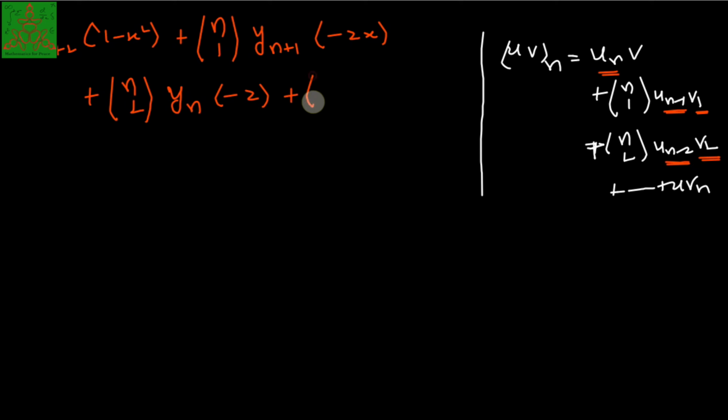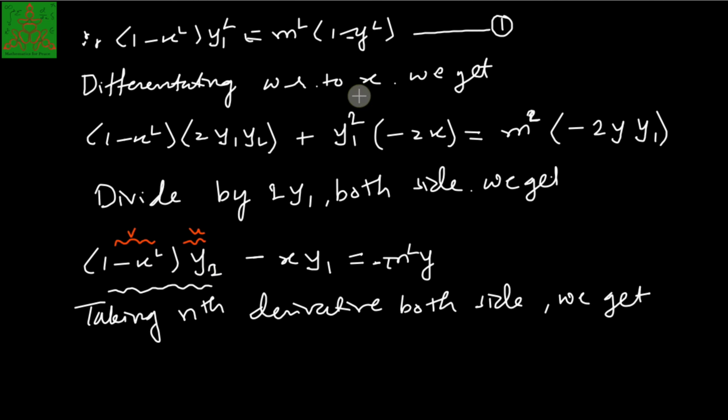Next it is nC3, one less derivative of this, that is y(n-1), and the derivative of minus 2 will be 0. So that is the first thing, the successive derivative applied to the first term.